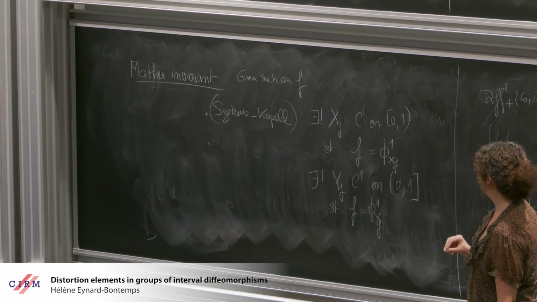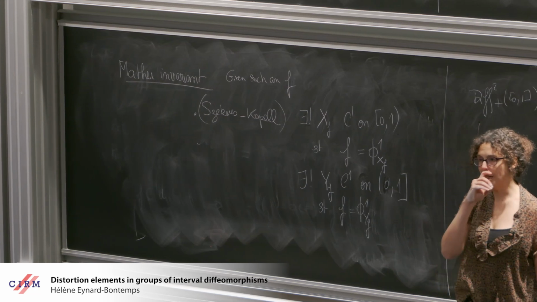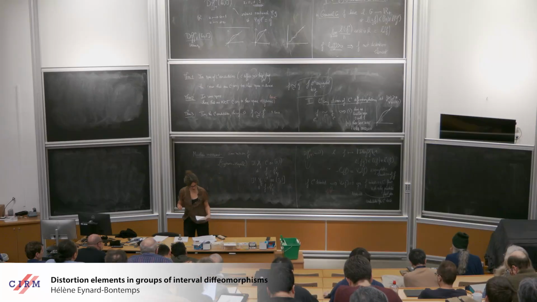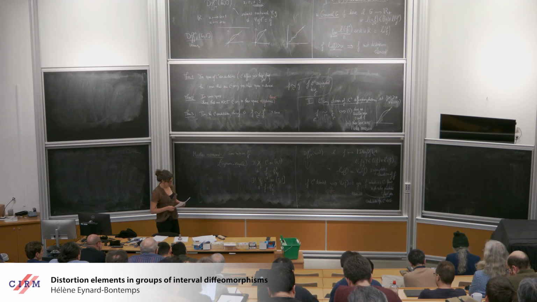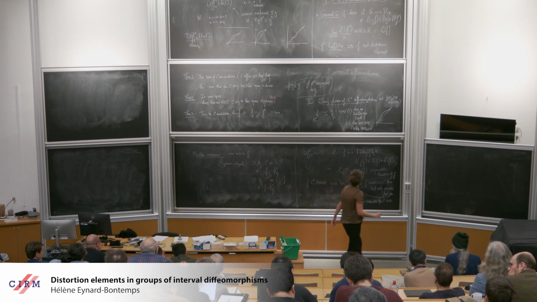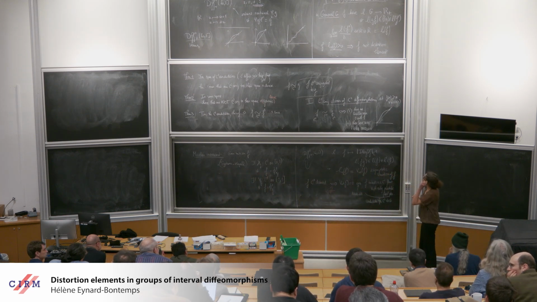So these vector fields have the same time 1 map, but there is no reason why they should have the same time t map for every t. And there is no reason why they should coincide, and we will actually see how to prove that in general they do not coincide. We will use this for our proof.